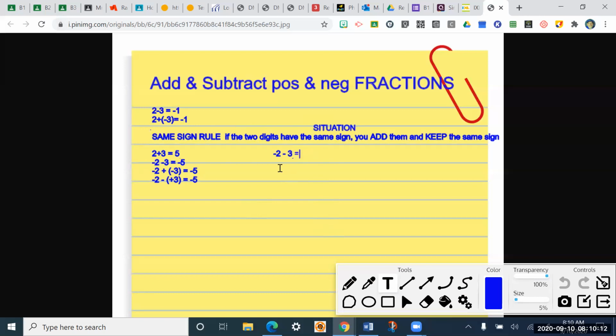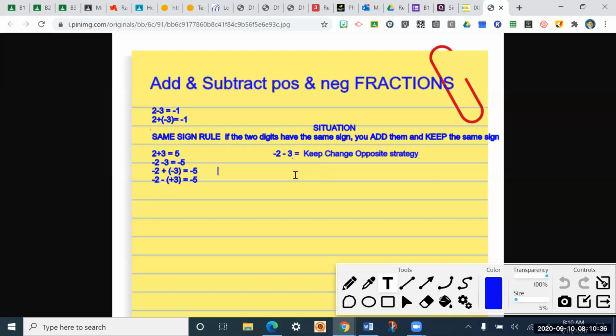Okay, so we're going to do keep, change, opposite. Call it a strategy.